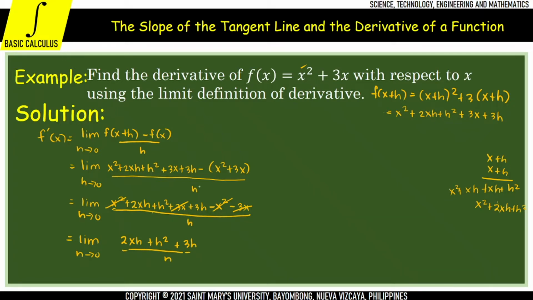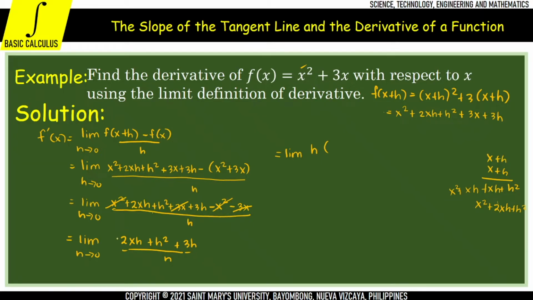Again, ito yung numerator natin and of course we have denominator. Okay, next, we can now simplify our numerator. Continue natin dito by of course factoring out common factors in the terms among the numerator. For example, ano ba yung common sa first term, second term, third term? Obviously, that is h. So factor out natin, tanggalin natin yung h in each term.